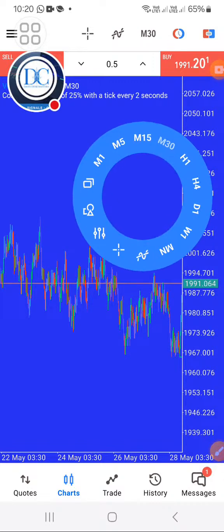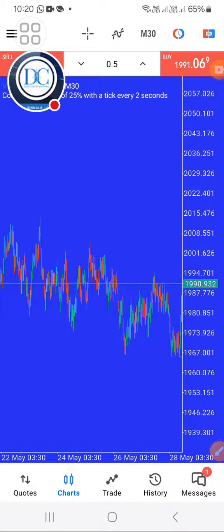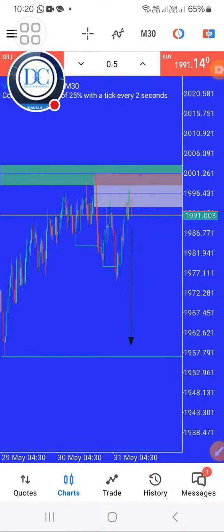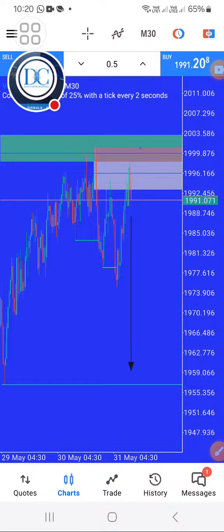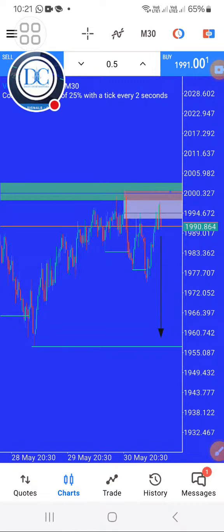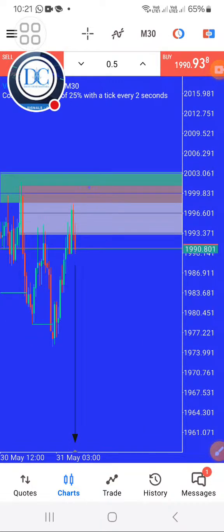We can see a series of lower lows and lower highs as price is dropping downwards. So the fact that price has failed to break above or close above the previous lower high indicates that there's continuation of the bearish trend. Price is moving down.